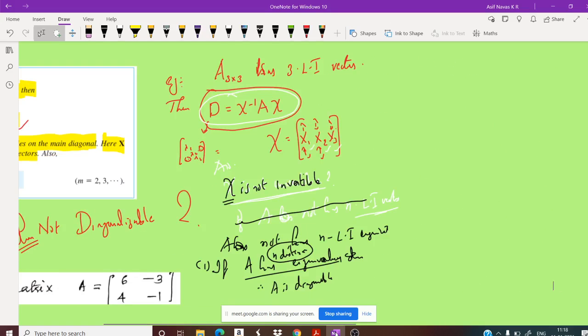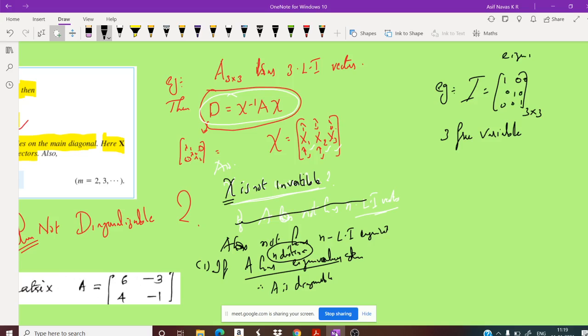For example, if you take the 3 by 3 identity matrix, all eigenvalues are 1, 1, 1. Then we get 3 free variables and we get 3 linearly independent eigenvectors.